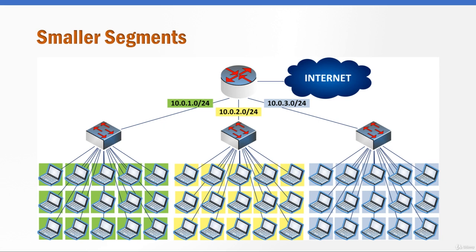It doesn't matter that their host parts are the same as long as the network portion is different. So technically, they belong to different networks. If this first computer in the green network sends a broadcast packet, the only devices that are going to receive that packet are going to be the green laptops and the first interface on our router.